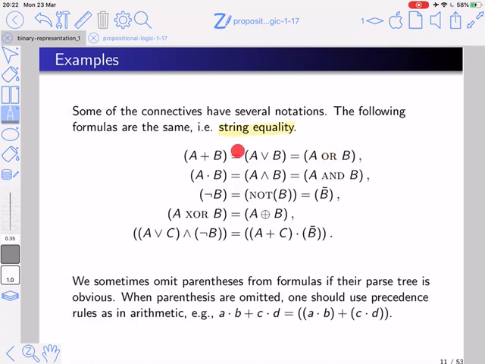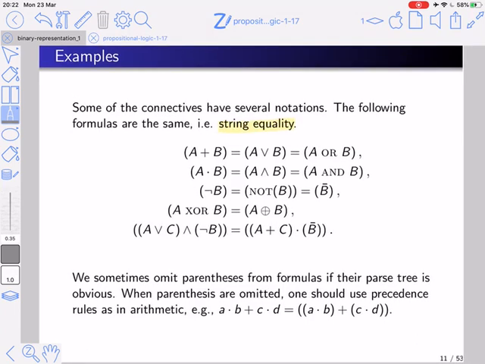I want to emphasize that by equality here, I'm referring to string equality. The first string equals the second, the first symbol in the string equals the first symbol here, the second symbol equals the second symbol over here, the third symbol is the same, and so on. So we compare the strings symbol by symbol, and we regard them as equal, even though there's a plus here, a v here, and an or here, because as I said, I regard a plus, an or, and a v as the same thing.